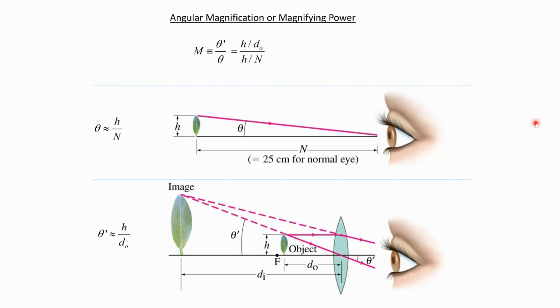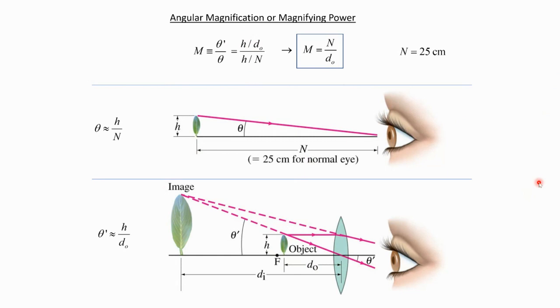Those h's cancel out, and we get n over d0. Okay, so n is the near point, so by definition, 25 centimeters. Unless you're talking about a specific individual that has a specific near point, we'll use 25 centimeters for n. And then d object is the object distance, where you put the object.